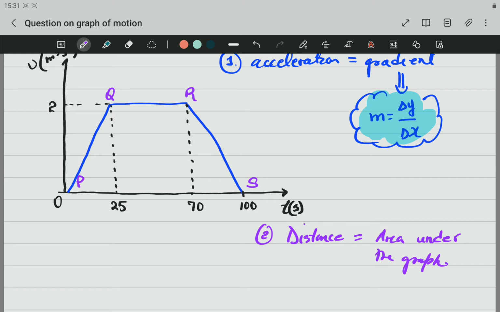The area is different in this graph. The whole area will be this one here, but we have different figures. All this here will represent the area under the graph we are talking about, in this case for the entire 100 seconds. And you can see here that this area is divided into parts.